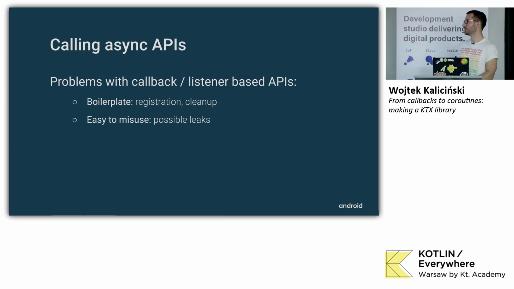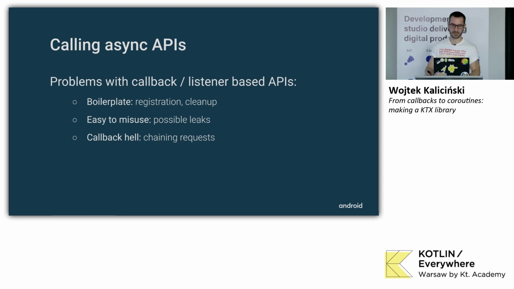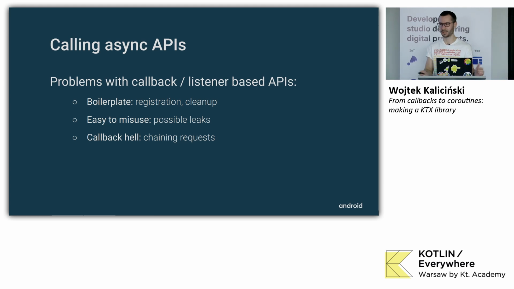And of course, because you need a lot of boilerplate, it's also super easy to misuse. So like I said, you get possible leaks. And then you get into callback hell. So maybe having one callback is not the worst, but if then after loading your data, you want to process it, and then you want to save it, send it somewhere, and finally show it in the UI, then you get all these chaining requests, and it just becomes hell.